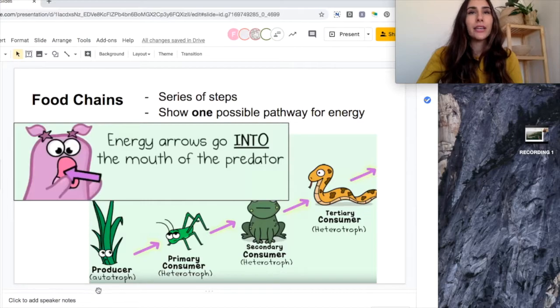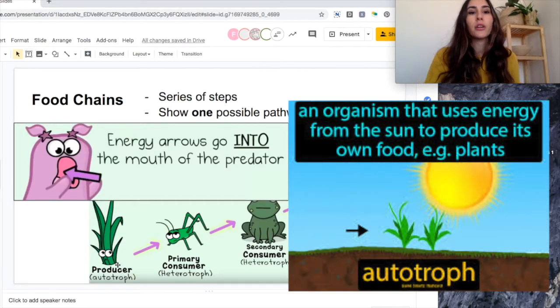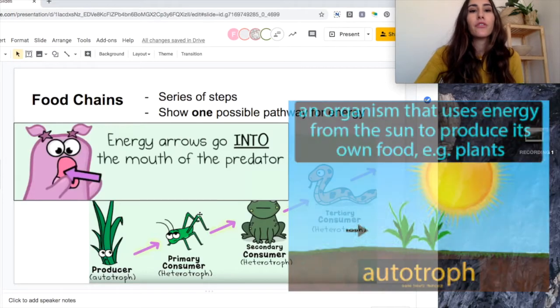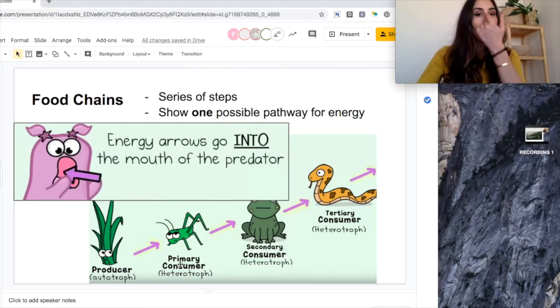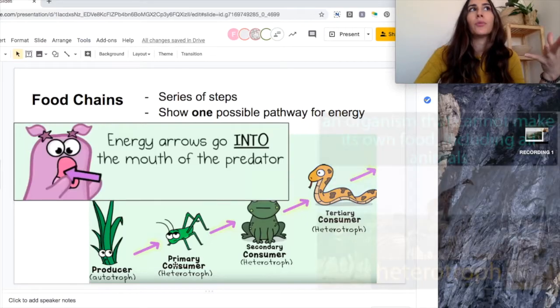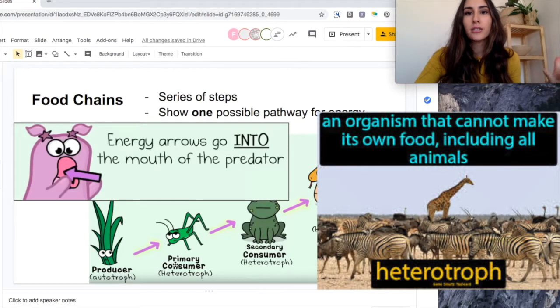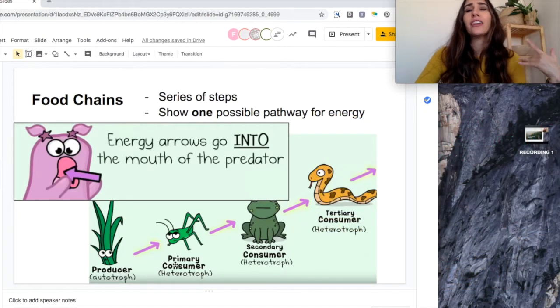So if we begin here with the autotroph, and remember, producers are going to harness the sun's energy and they're going to store it, all right? So the producer or the autotroph is eaten by the primary consumer, okay? Remember that consumers are organisms that feed on other organisms, and we kind of place them in categories. So if a consumer feeds on a producer directly, we refer to that consumer as a primary consumer, as you can see right here.